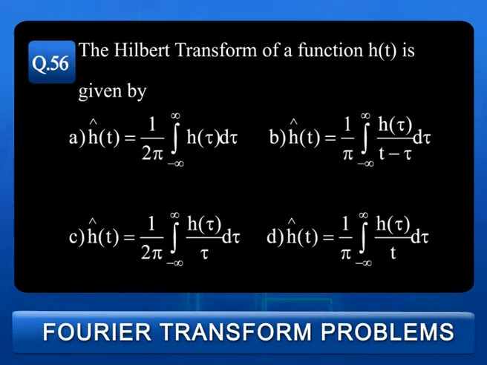Next question, 56th question. The Hilbert transform of function h of t is given by A, h cap of t is equal to 1 by 2 pi integral minus infinity to plus infinity h of tau d tau, B, h cap of t is 1 by pi integral minus infinity to plus infinity h of tau by t minus tau d tau, C, h cap of t is 1 by 2 pi integral h of tau by tau d tau, and D, h cap of t is given by 1 by pi integral h of tau by t d tau.